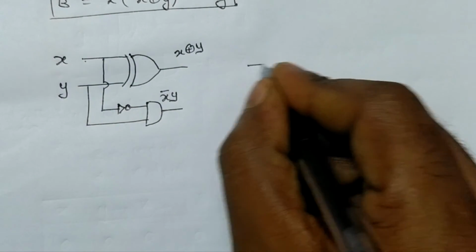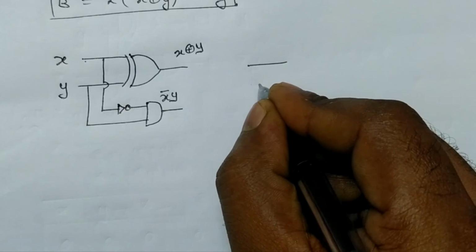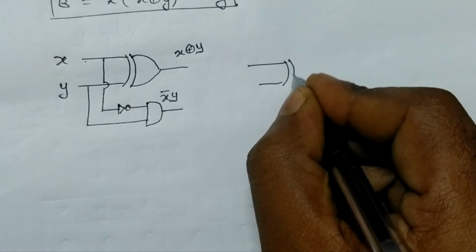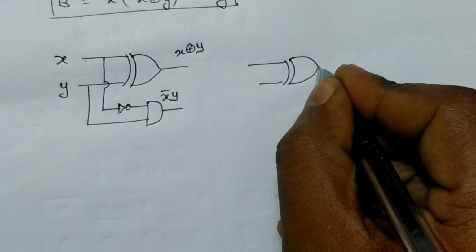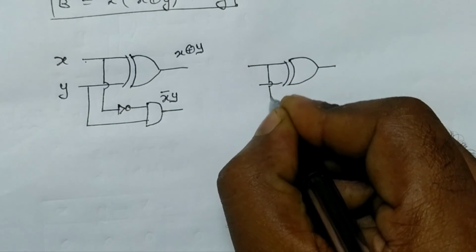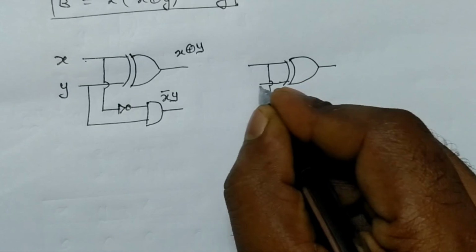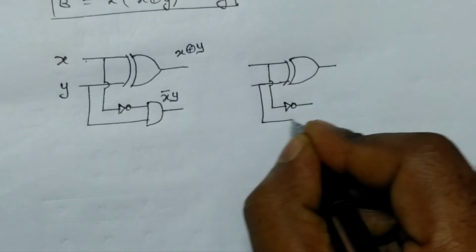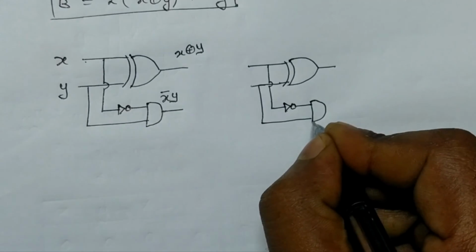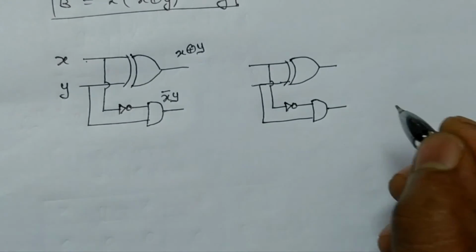Likewise I am going for another half subtractor, an XOR gate. Here the first input is NOTed and the second input is ANDed with the other input.